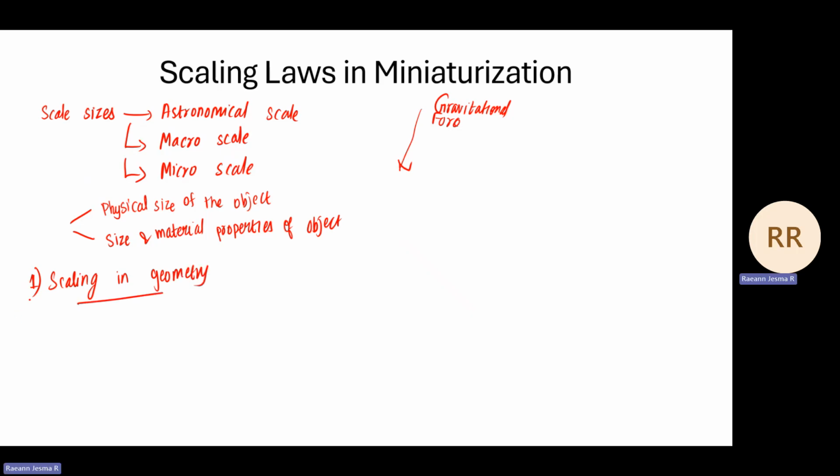Okay. So in geometry, we have two important physical quantities. One is surface area or surface, and the other is volume. So volume is related to mass and weight of the object.